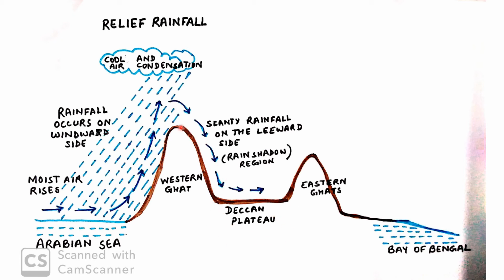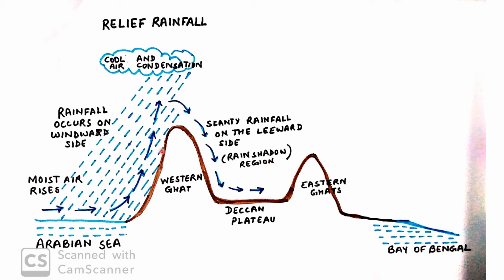You all know that we have the Western Ghats, then the Deccan Plateau, and towards the east the Eastern Ghats. So these winds, which give scanty rainfall to the Deccan Plateau area, are on the leeward side of the mountain, often referred to as the rain shadow region.